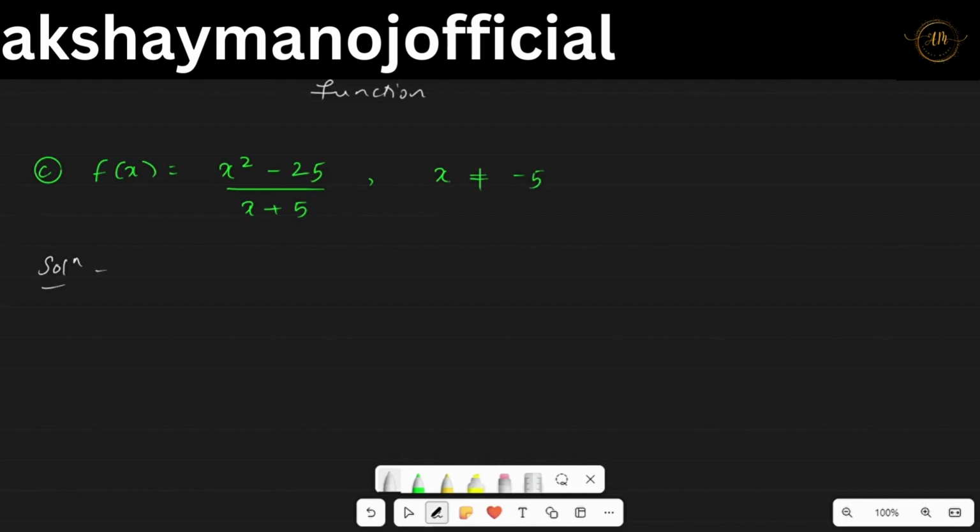The solution is very simple. First, the given function: f of x equals x square minus 25 divided by x plus 5, x not equal to minus 5. Why I make it a habit of writing the given function is that you miss out a few numbers while you're copying step by step.